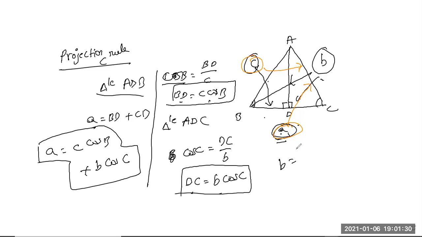So from the projection rule, how will you find b? c cos A plus a cos C. Yeah, c cos A plus a cos C. That's it. Similarly, if I want to find c in terms of a and b, what would be your answer?